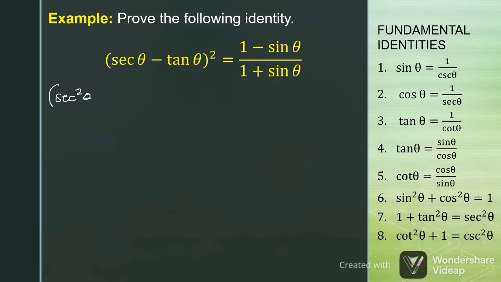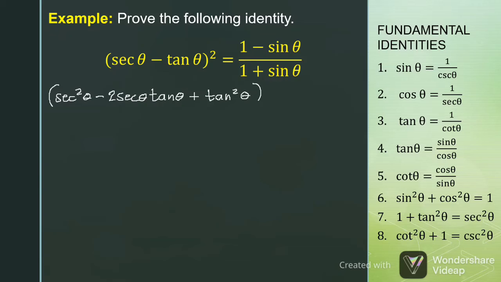So we have minus 2 secant theta times tangent theta. And then negative tangent theta times negative tangent theta equals positive tangent squared theta. Okay, we will prove that this is the same as 1 minus sine over 1 plus sine.